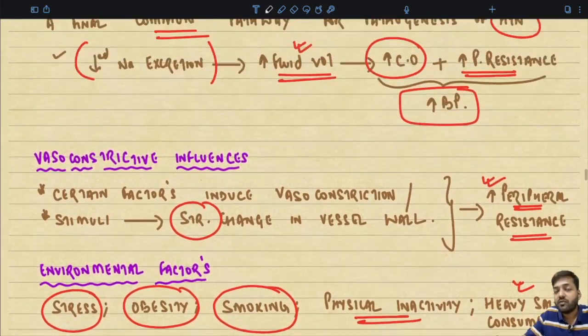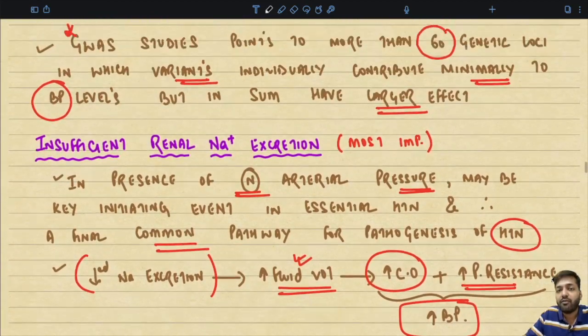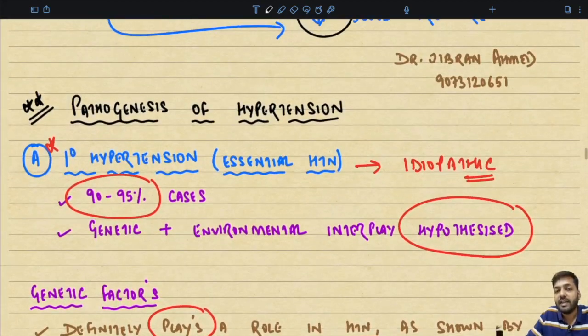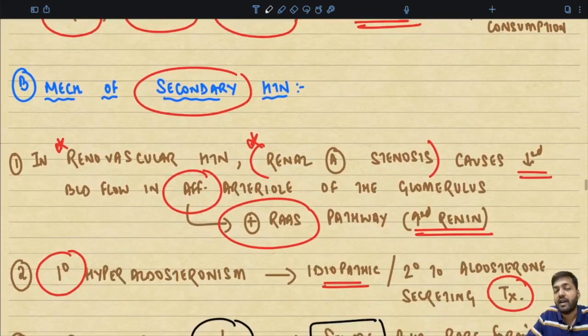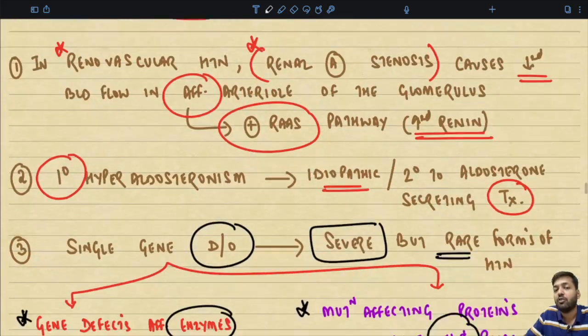Now, clinically, it is very important for you to identify whether it is an essential hypertension or a secondary hypertension. If it is a primary or essential hypertension, then nothing much can be done. But in case of secondary hypertension, if the cause is identified, then you can treat it, and therefore after treatment the pressure might return back to the normal level.